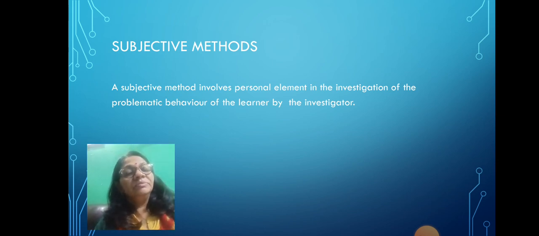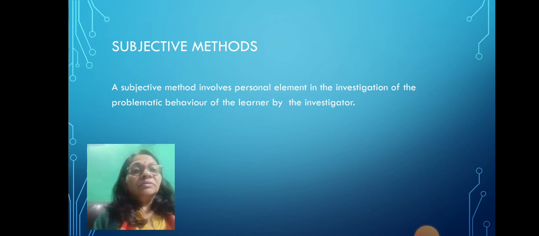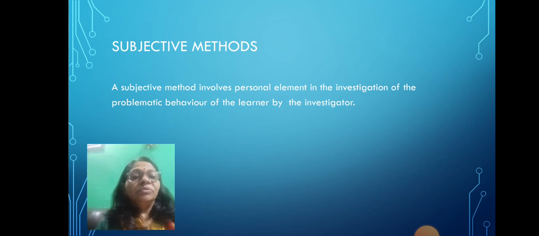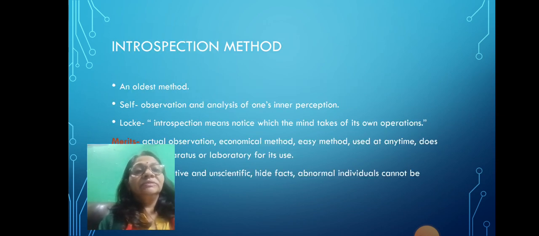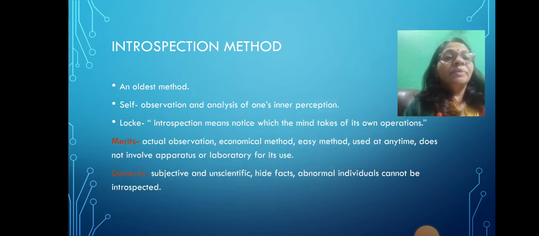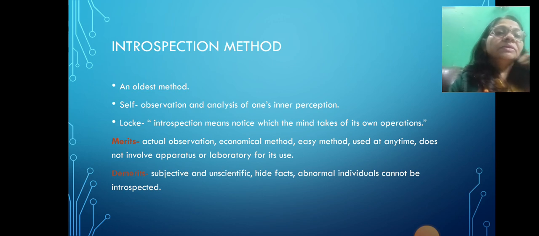Subjective method means where the personal element is directly involved. When an investigator investigates something, the learners directly involve their personal thoughts and behavior. So for subjectivity, there is the introspection method. The introspection method is one of the oldest methods of educational psychology.